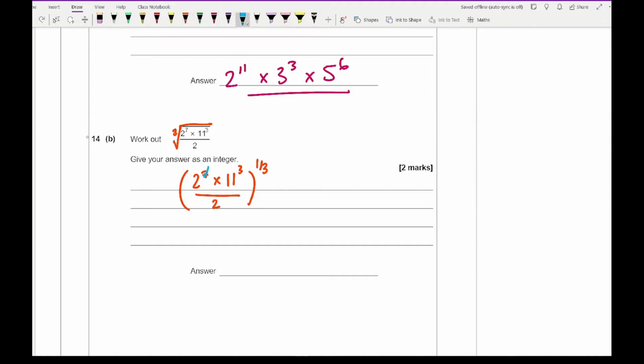So this cancels to make a 6, and that 2 is eliminated. So what I've then got is 2 to the power of 6 times a third, which is 2 to the power of 2, and 11 cubed to the power of a third. We'd multiply the powers and we get times 11, and so then that's just going to be 4 times 11.